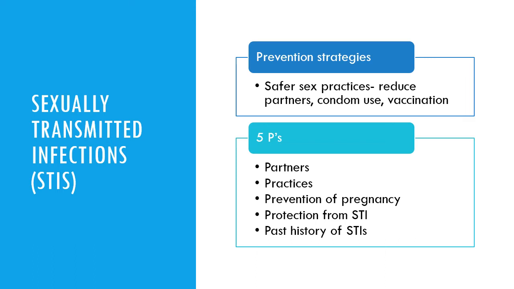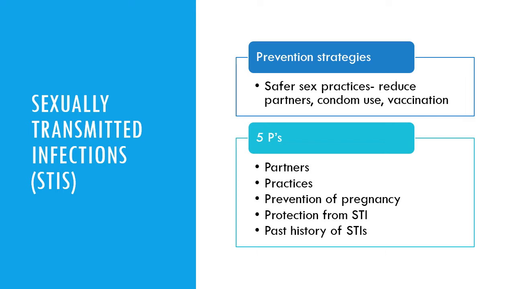When we are assessing, we can use the little mnemonic, the 5 Ps, to assess and see what their practices are. What is going on? Why is this patient at risk for an STD? So the 5 Ps include partners.